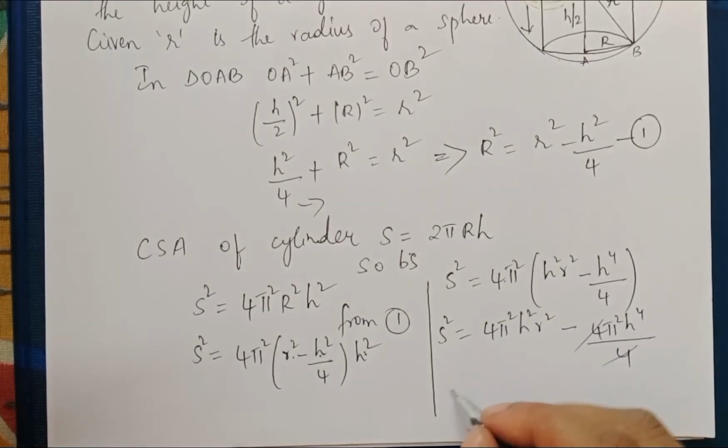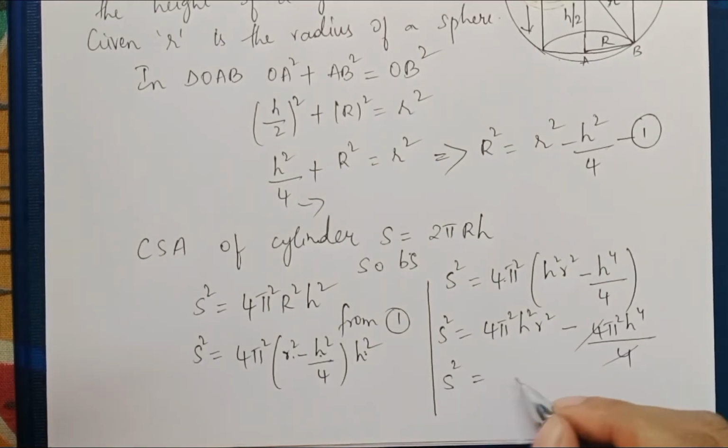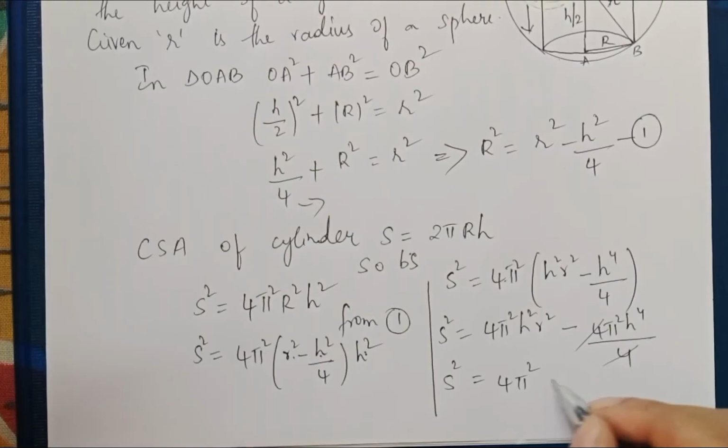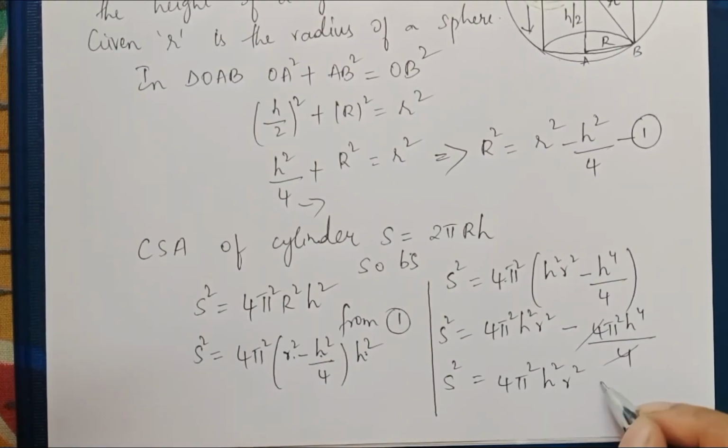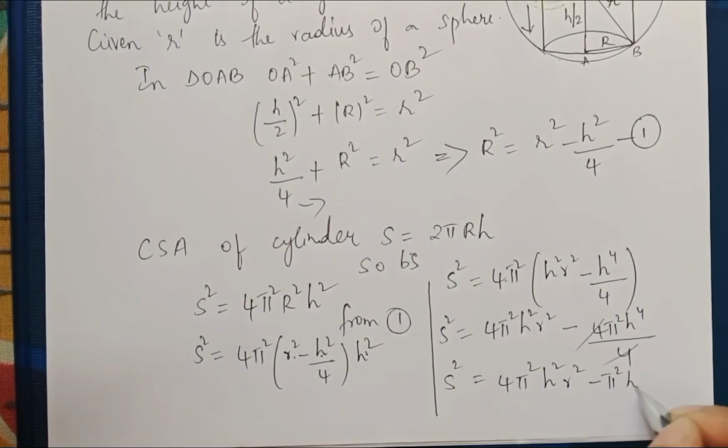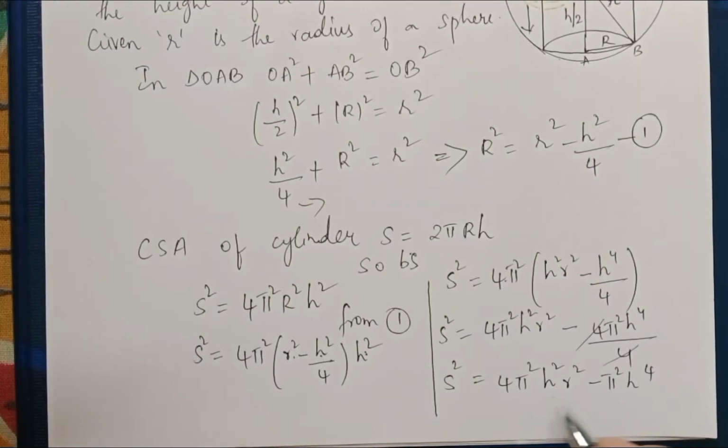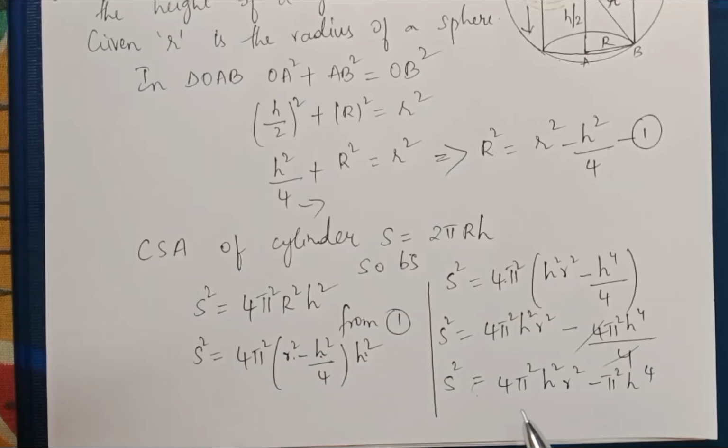The 4 gets cancelled out, so S square is equal to 4 pi square h square r square minus pi square h power 4. Now this is our function f of h.